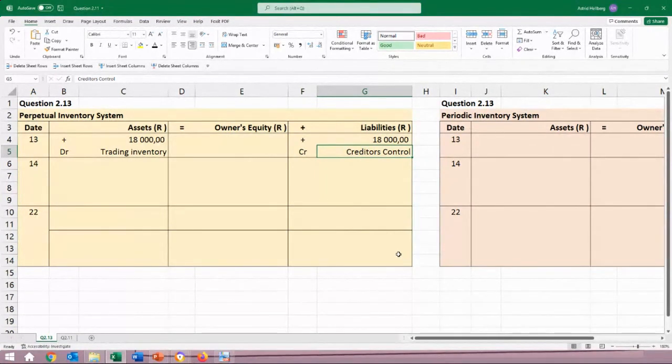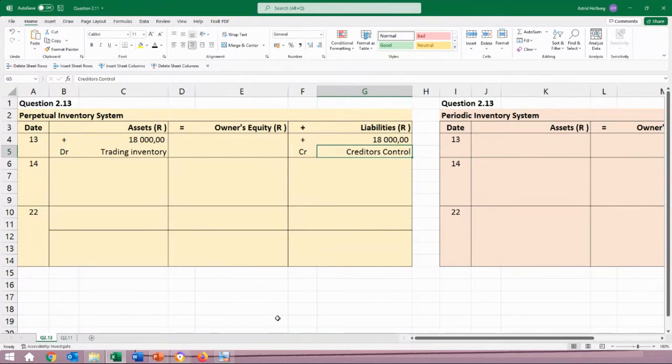Now, if we do a purchase of inventory on the periodic inventory system, how is this going to change on that table? So tell me, what are you going to change if we purchased inventory, but we now have to capture it in terms of our periodic inventory system?